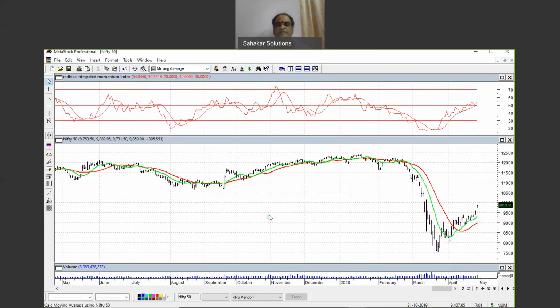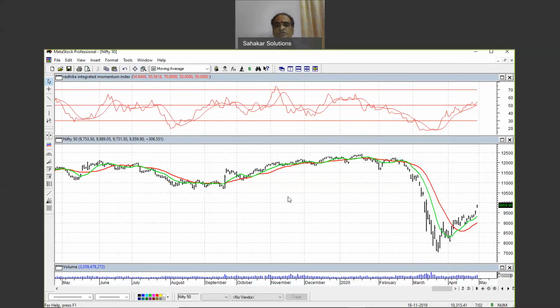Now you can see when the short-term moving average, or the signal line, is above the long-term moving average and the price is above both of them, it is bullish and buys or longs are advised. When the short-term moving average is below the long-term moving average, as you see here, and price is below both of them, it signals a sell and shorts are advised.